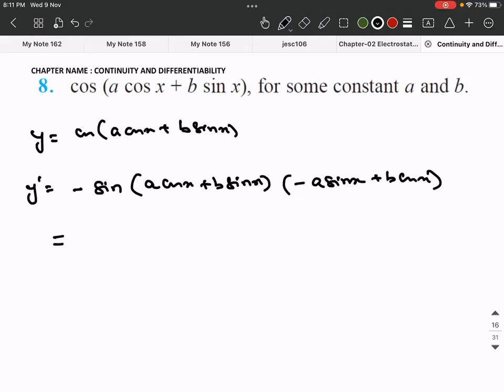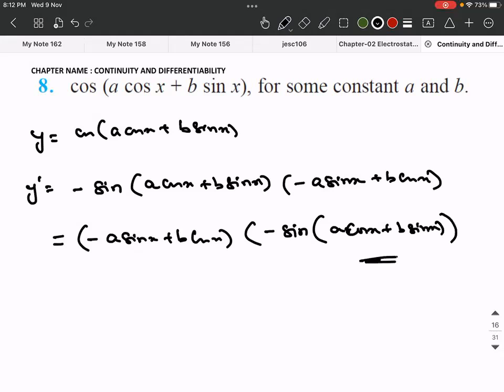So the answer will be minus a sin x plus b cos x into minus sin of a cos x plus b sin x. That's the answer. So I hope it is simple, right?